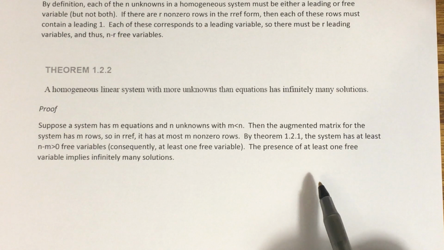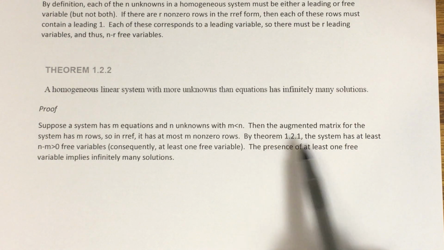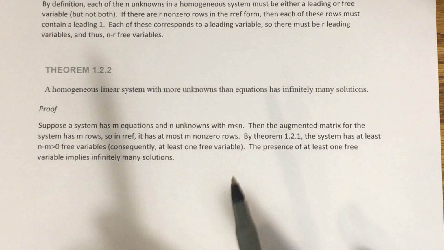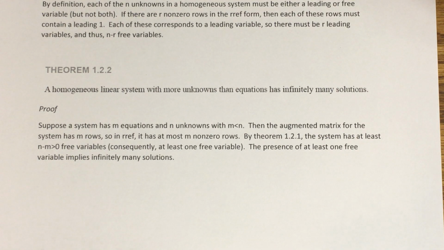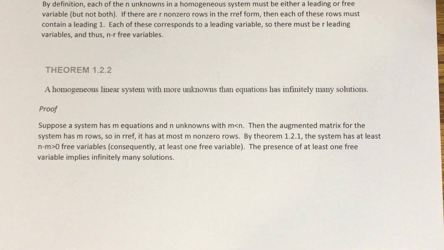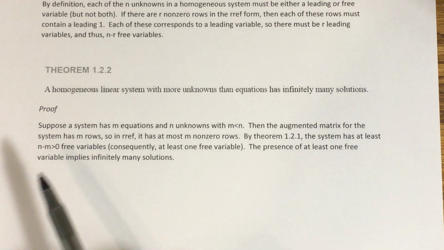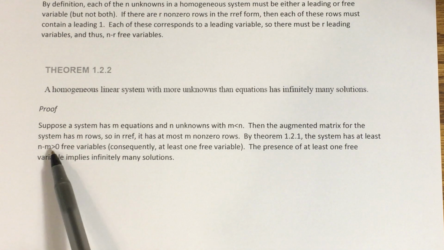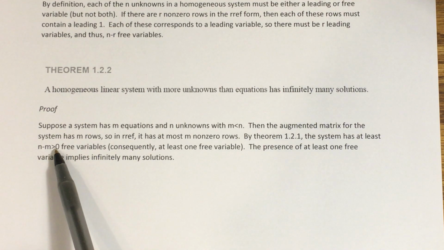Now, by the previous theorem, we can determine how many free variables this system will have. So if all m rows are non-zero, that means we have exactly m leading variables, which would mean we would have n minus m free variables. But the assumption that m is less than n means that n minus m would be positive. It would be greater than 0.